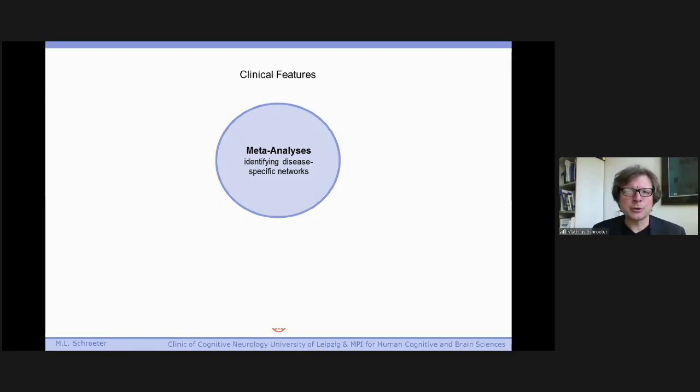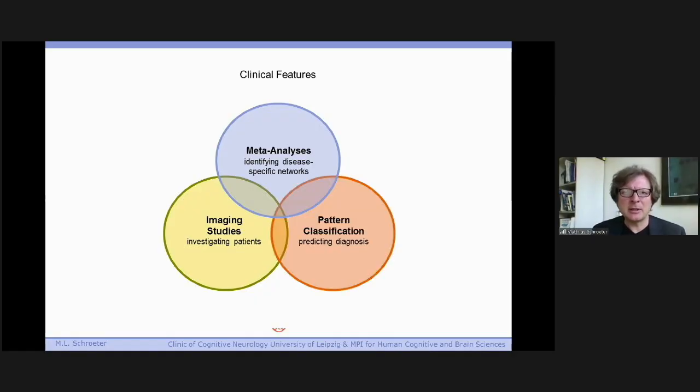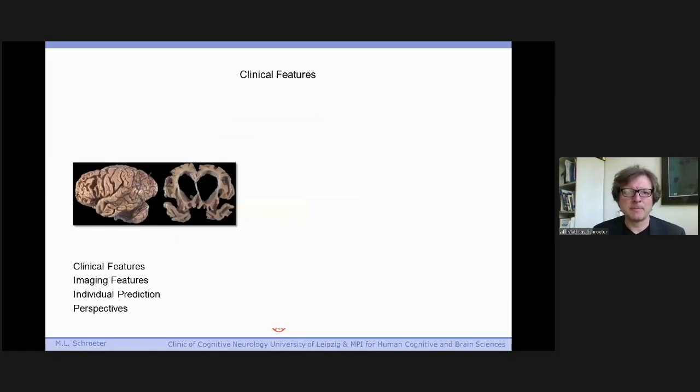In my talk, I want to show you how we combined meta-analysis to identify disease-specific networks, imaging studies investigating patients based on multicentric data, and pattern classification to predict diagnosis and treatment in the disease.